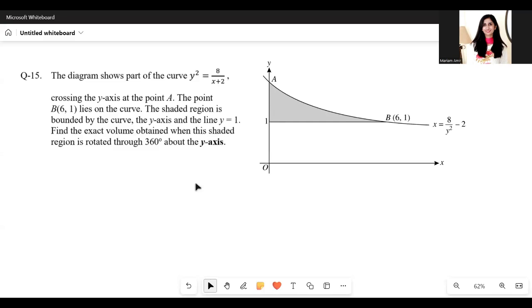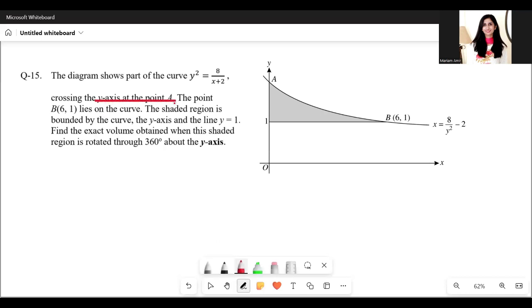The diagram shows part of the curve y squared equals 8 upon x plus 2 crossing the y-axis at A. If it crosses the y-axis at A, you can find the y-coordinate of A because the x-coordinate is going to be 0. So if x is 0, we get 0 equals 8 upon y squared minus 2.